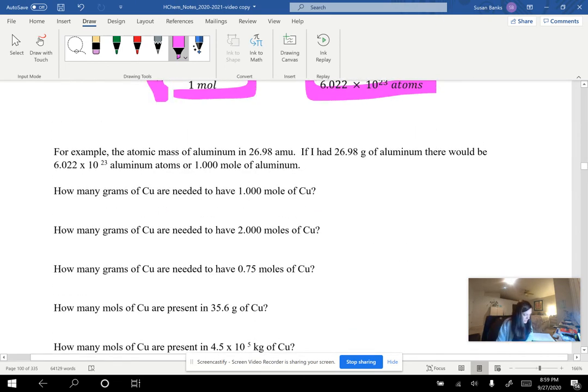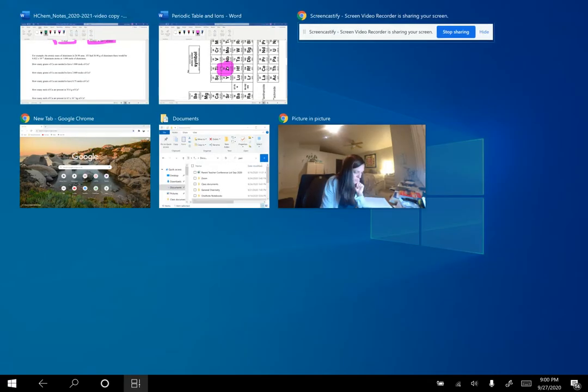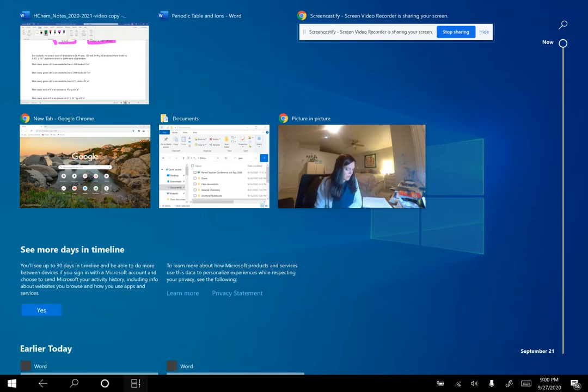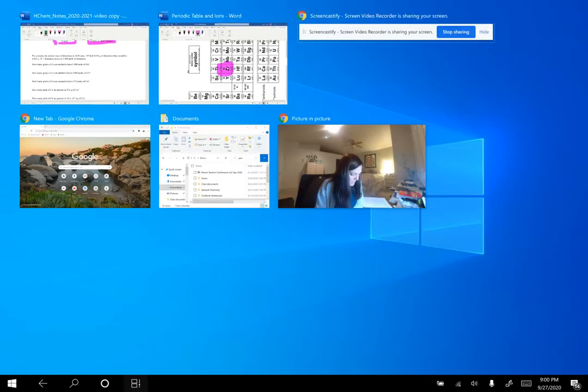For example, the atomic mass of aluminum is 26.98 AMU. So let's look at aluminum. Let's go to the periodic table.